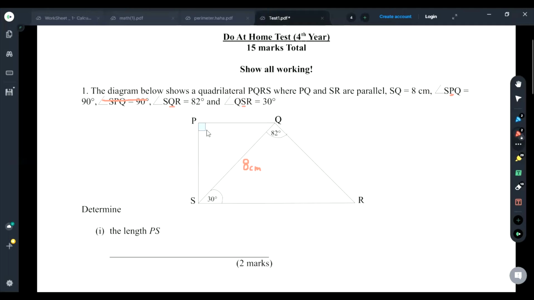Can I use cosine or sine, sir? Yes, we'll need to use cosine or sine to find PS. We'll need to use one of those. But how would you find this angle here or this angle? We need one of them so we can use trig, right?